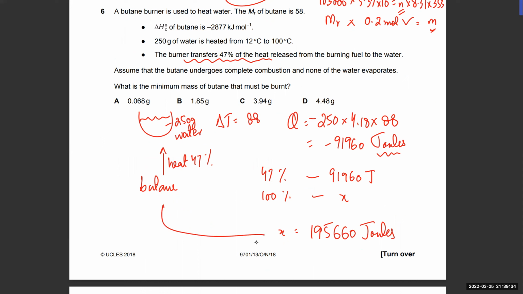So this is the heat that is being produced by the butane. You clear? Yes, clear, sir. But the question doesn't end here.